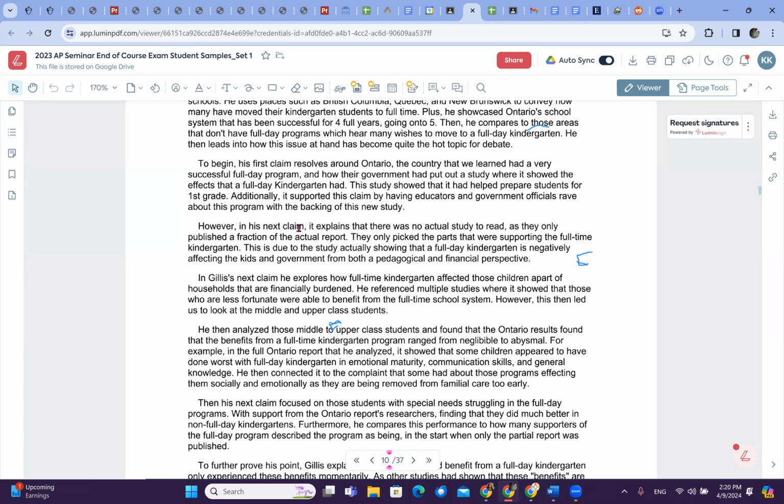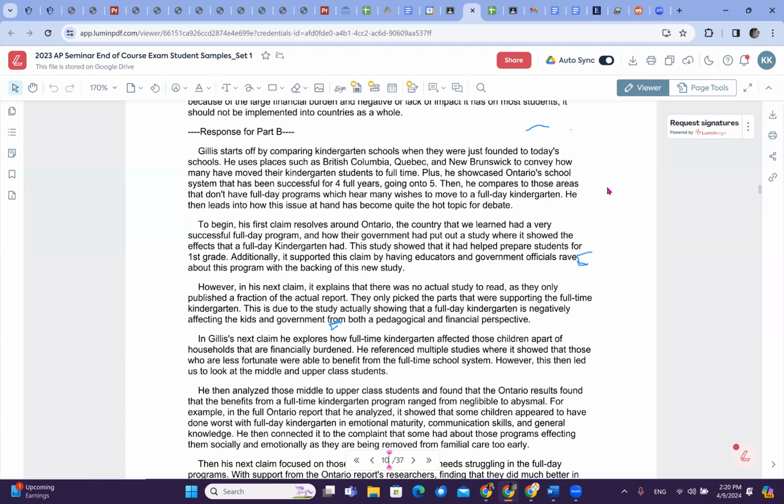However, in his next claim, do you guys agree with this? Would you add or subtract from it? Anyone? The first paragraph? Which paragraph are you talking about? This one right here, I think this one's excellent. No, they did a super short summary. And they got this, it tells you about the main idea.